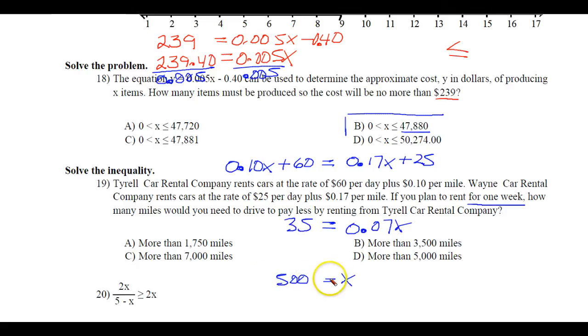But that's for 1 day. And again, you've rented it for 7 days, and this is the tricky part. You have to then multiply 500 times 7, which gives you 3,500. And that would be letter B. So if you drive more than 3,500 miles in a week, then this is your better deal.